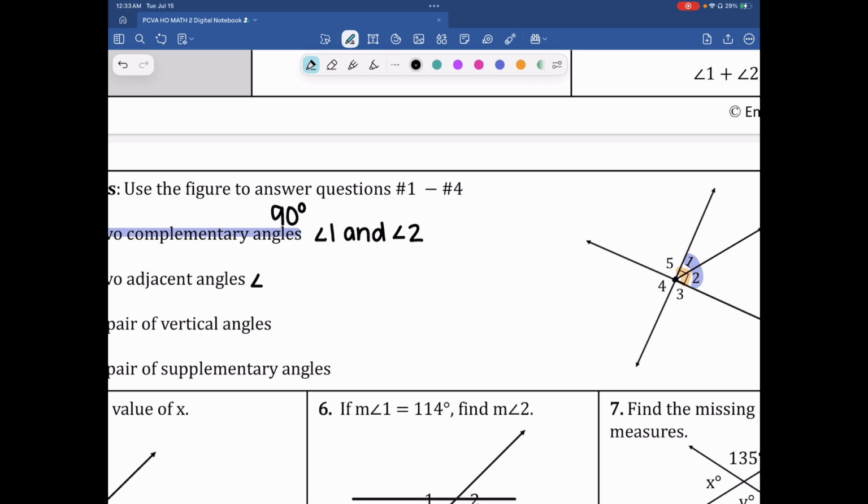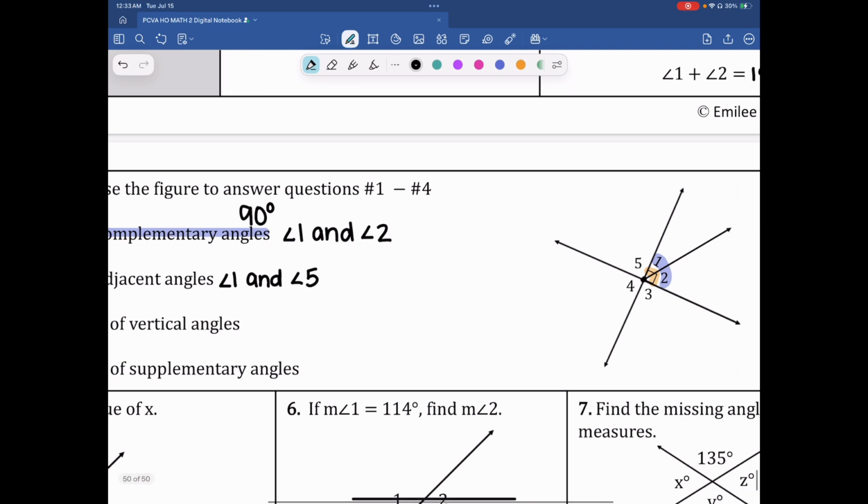Angle 1 and 5 share a vertex and a side. I could say angle 1 and 2, even though they are complementary, they're still adjacent. I could say 4 and 5. So there are, like I said, several possibilities for an adjacent angle pair.